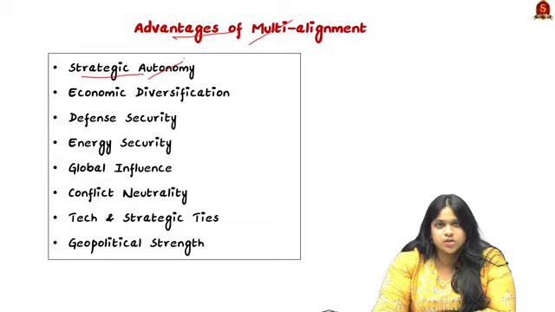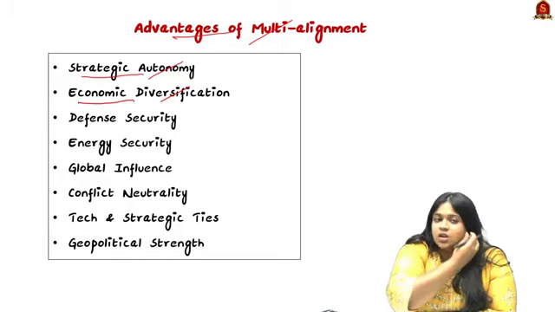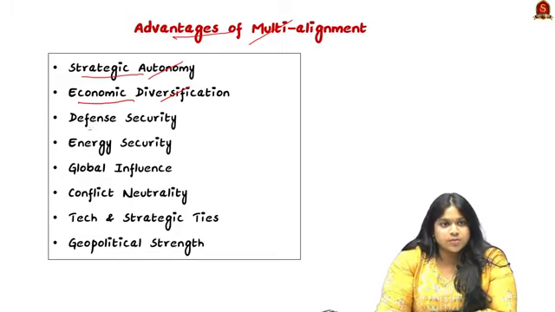First, to have strategic autonomy. So instead of depending on one singular bloc, we believed in multi-alignment. Then having economic diversification with different countries through different partnerships, then bringing in defense security, having energy security.